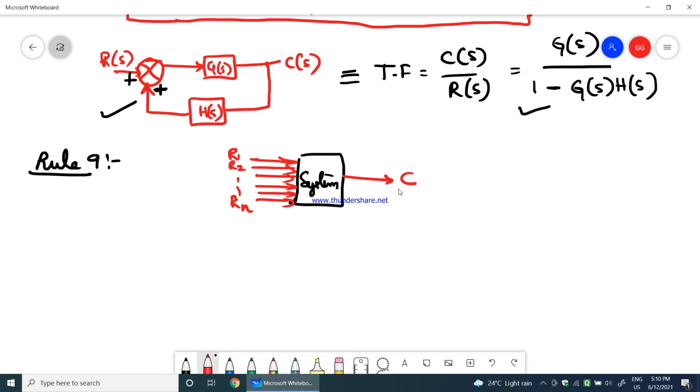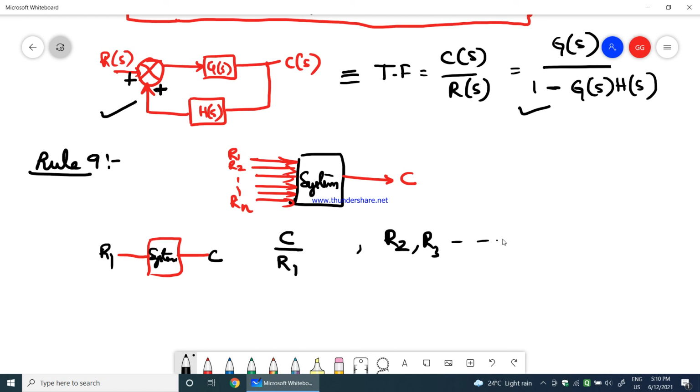So what we do is, we take any one input and one output. We'll take R1, we'll take C as the output, and then we find out the transfer function C by R1, where we make all other inputs R2, R3 till Rn equal to 0. We'll make all other inputs 0 and consider only one input R1, and take the transfer function C by R1.